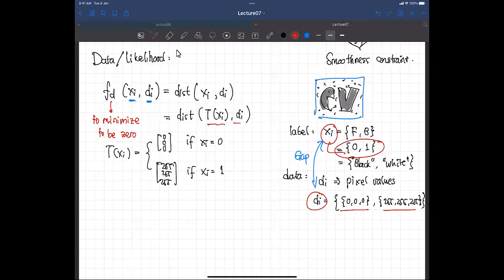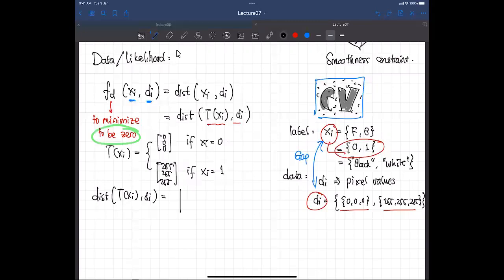Now, what kind of distance function do we want to have here? The same. We want to minimize. If possible, we want it to be 0. So the distance function that we want to define in this case, between t of xi and di, equals to, I mean, how to put it, because this is a vector now.